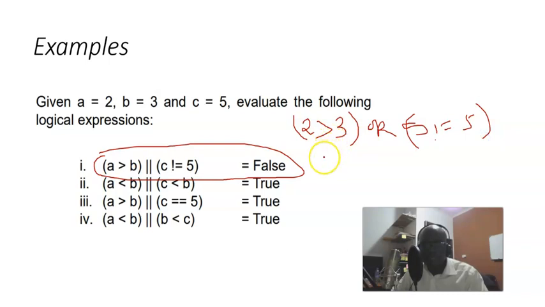Now you know that 2 is not greater than 3. This is false. It's a 0. Here again, this is false. So remember, with the OR, 0 plus 0, the result is 0, so it's false. You can try out these others, but the whole idea is with the OR operator, if one of the expressions is true, then the end result is true.